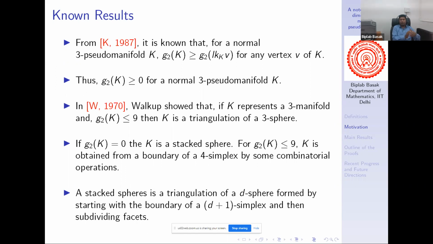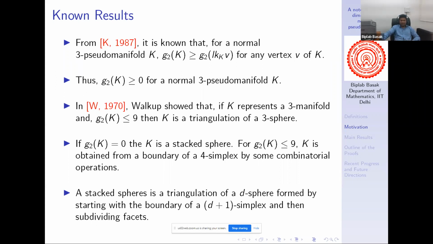If we take normal pseudomanifolds, then this classification will be a little bit difficult because there will be many singular vertices. But if we stick only to three manifolds, then G2 of K less or equal to 9 will imply K is a triangulation of a three sphere.